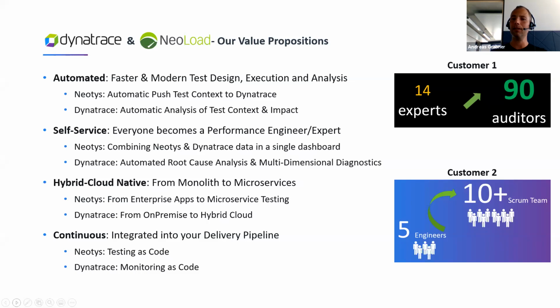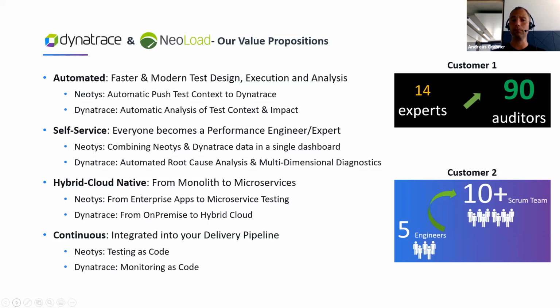I really like the top right, where an organization had 14 experts in a COE team, but then they broke it up and now they have 90 auditors. These are just regular engineers that can also leverage our performance engineering integration and feedback from running the test and then analyzing it with Dynatrace, without having to have an expert on hand that in the end becomes a bottleneck.